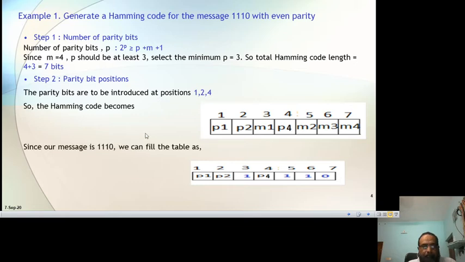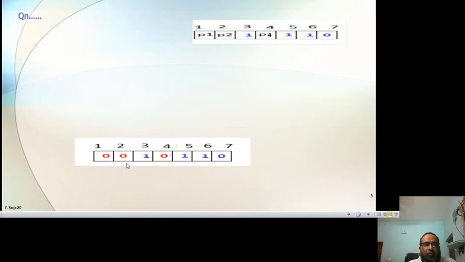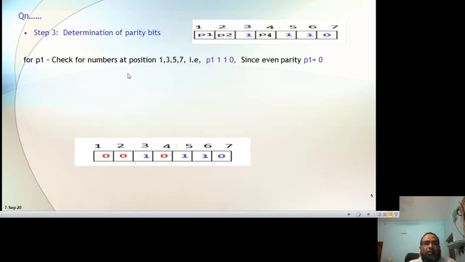Now how to find the parity bits? For finding the parity bit P1, you have to listen more carefully. You have to check the numbers at positions 1, 3, 5 and 7.